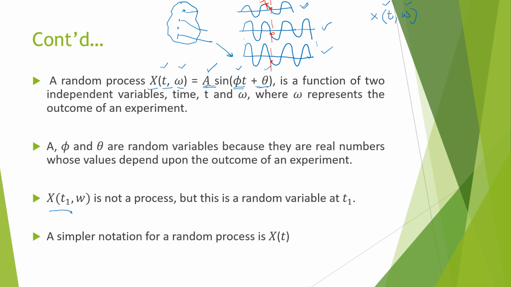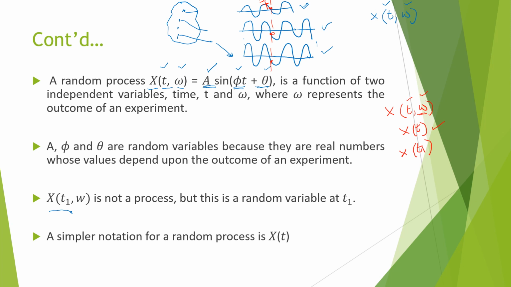So now we need to distinguish between various notations. X(t, w) denotes the random process where t is time and w is the outcome. We can normally ignore the outcome and simply write X(t) to denote the random process. Now if I write X(t1), it is the value of the process at time t1, which is nothing but a random variable, as I marked in this diagram.